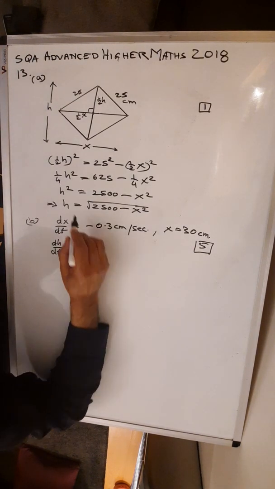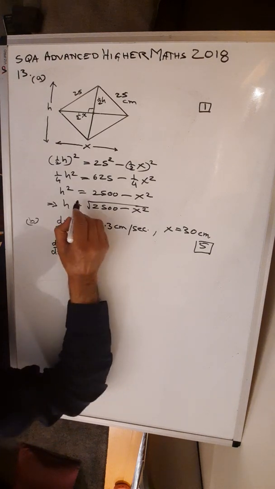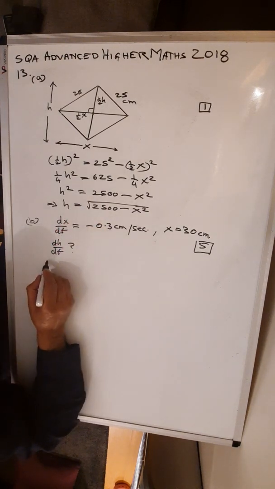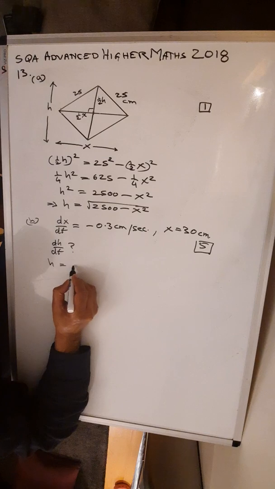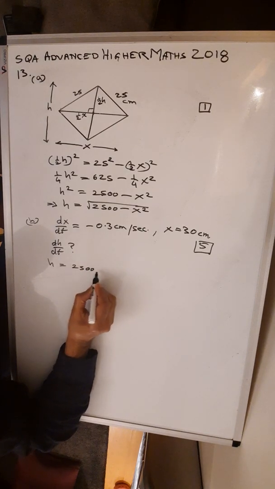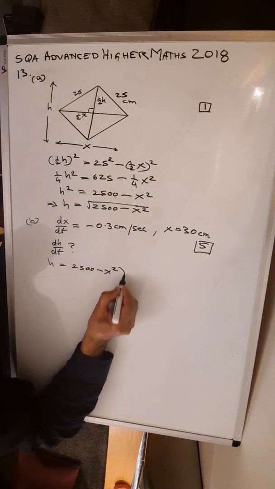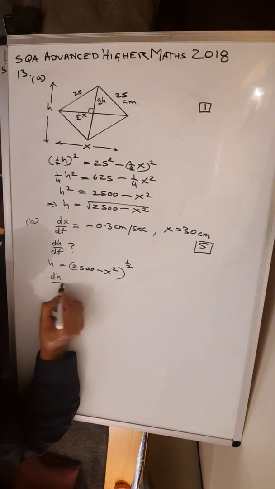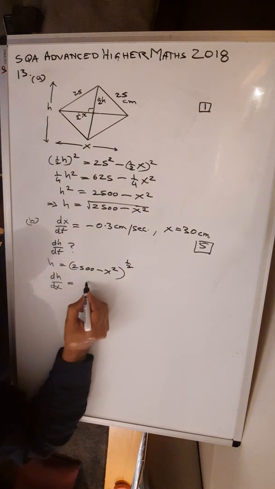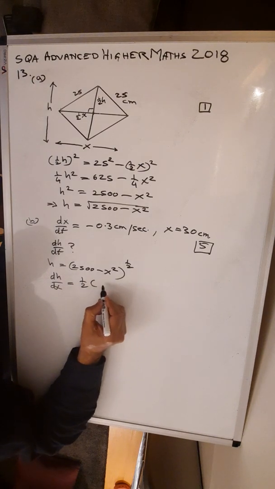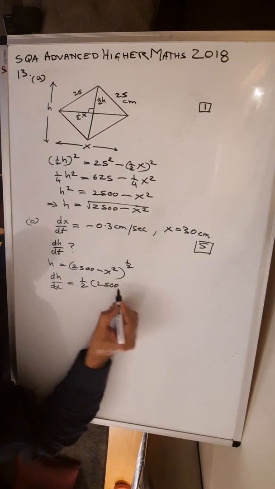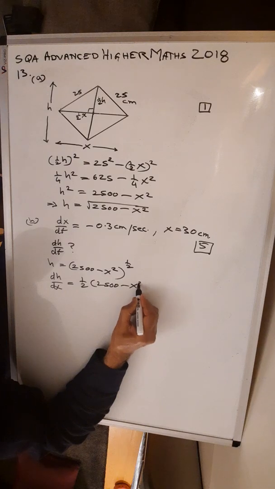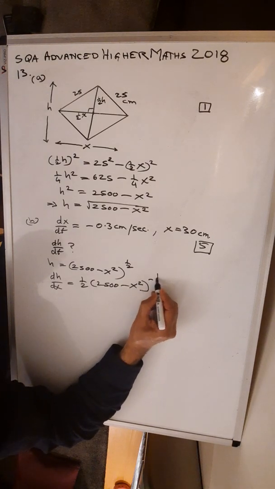Okay, so this is the equation you have for h. So h is equal to 2500 minus x squared, raised to the power of a half. So dh by dx would be equal to, bring the half to the front, 2500 minus x squared raised to the minus a half.